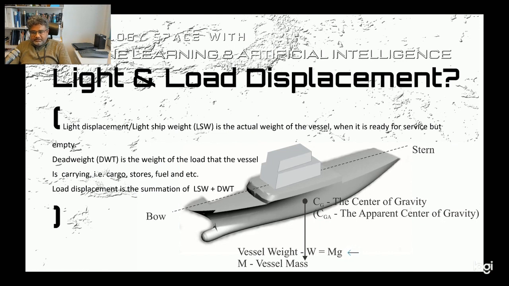The dead weight represents the total load of that specific vessel, that includes the cargo it's carrying, stores, fuel, etc. And when you add up the dead weight and the light ship weight, that would give you the total displacement of the vessel. That means you can consider it as the total weight of the vessel itself.